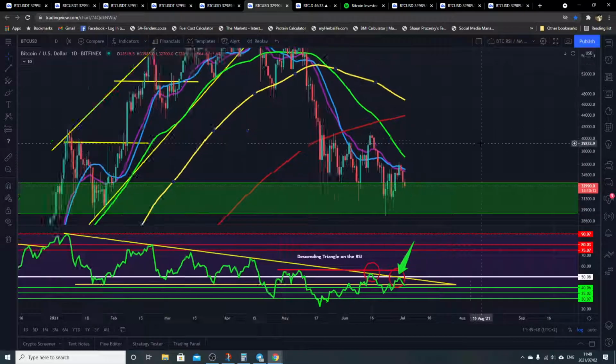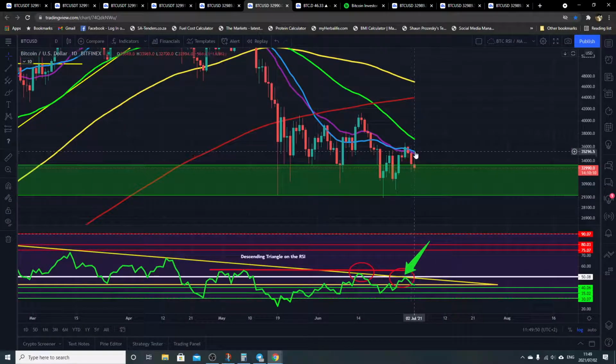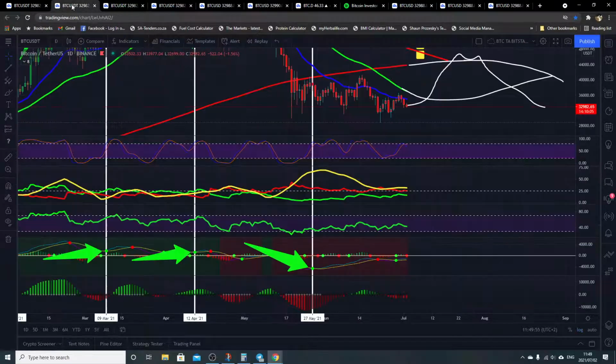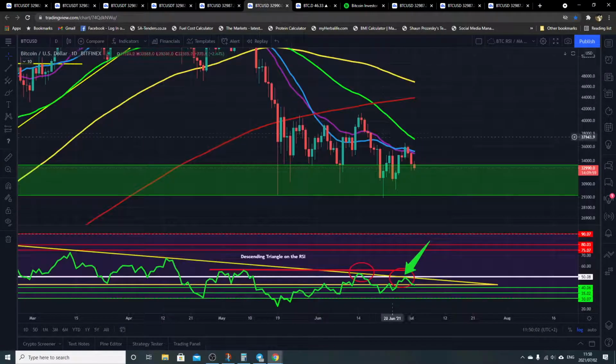Currently now, as I said before, we are now below. This is the daily. But what I've added here is the 20 MA and the 21 EMA. Each time the 20 crosses below the 21 EMA, it signals bearish momentum.